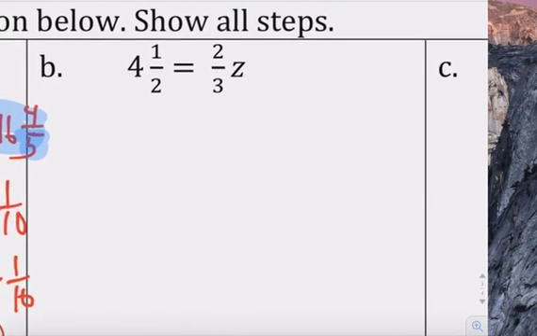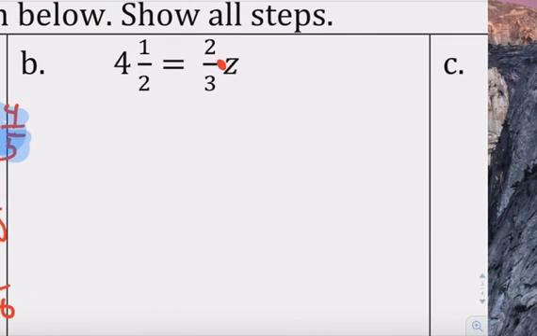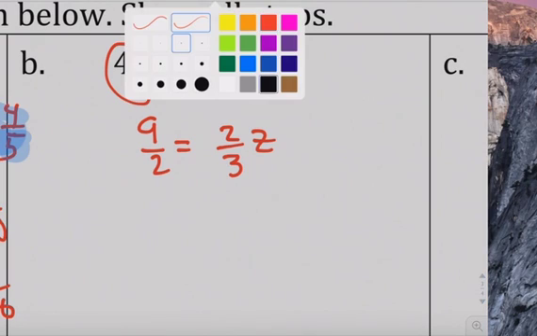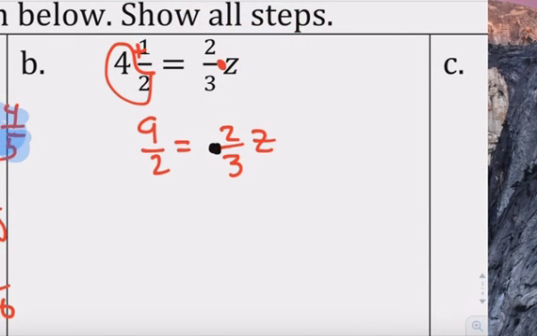This is a multiplication problem. You need to make sure all numbers are improper. We need to multiply on the variable side by its reciprocal, 3 over 2.